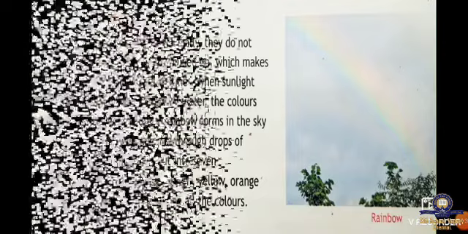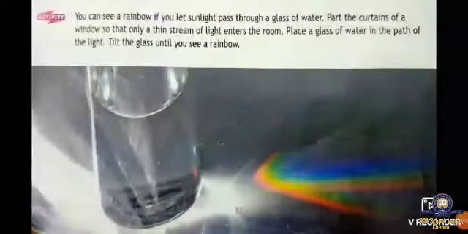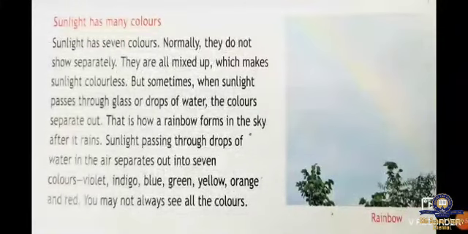What are the 7 colors? Let us see the 7 colors first. Violet, indigo, blue, green, yellow, orange, and red. In short form, we say VIBGYOR. V for violet, I for indigo, B for blue, G for green, Y for yellow, O for orange, and R for red.